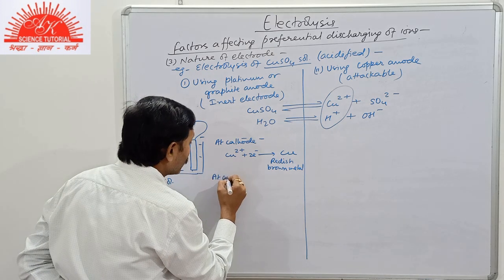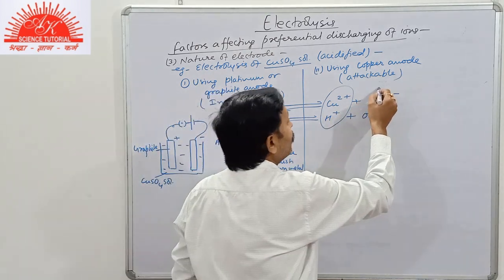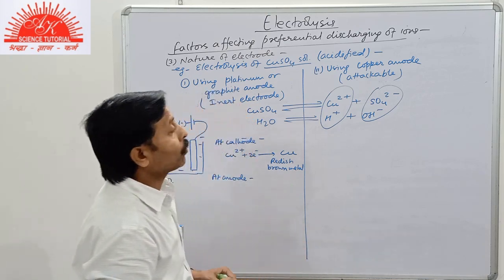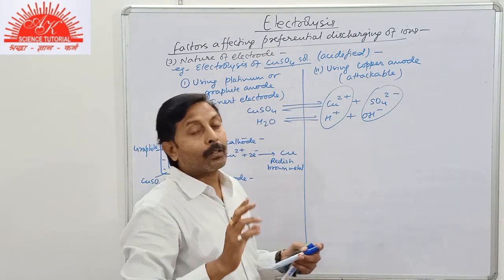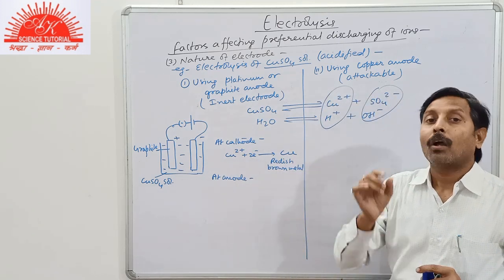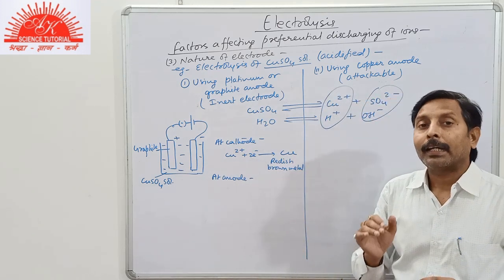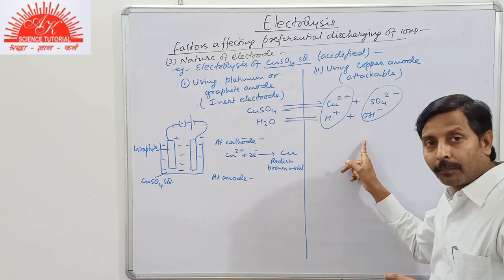At anode. Now again, these two anions migrate to anode. And again, according to the first factor for preferential discharging, OH- ion is placed lower in position in electrochemical series.